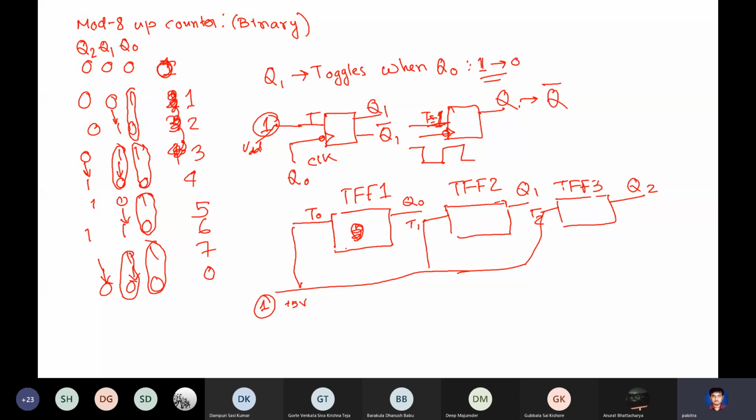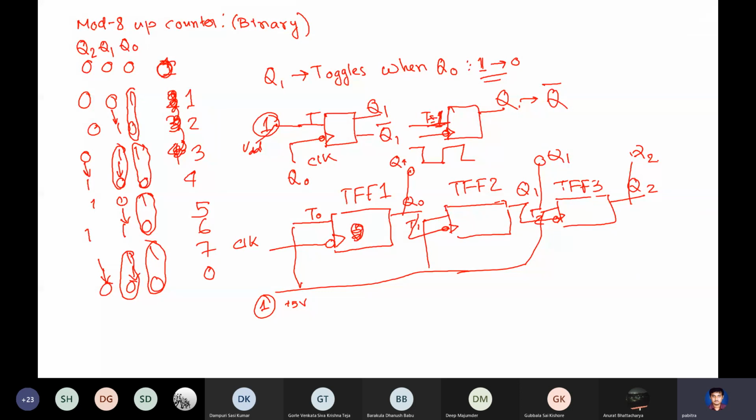Okay, and the clock, which is a negative edge triggered clock, the first one I give the normal clock. The 0th flip-flop I give the normal clock. The output of the first flip-flop is the negative edge clock for the second flip-flop, and the output of the second flip-flop is the negative edge clock for the third flip-flop. And these are my observed states, Q0, Q1, Q2.